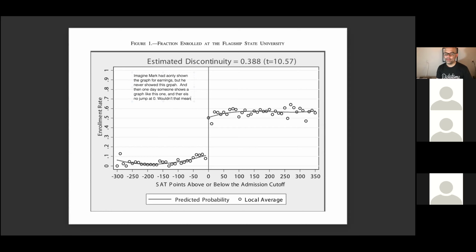Wouldn't that mean Mark's findings on earnings were wrong? The only way there is an effect on earnings is if there is a jump at 0 in treatment assignment. So having both can reinforce the credibility of the study.